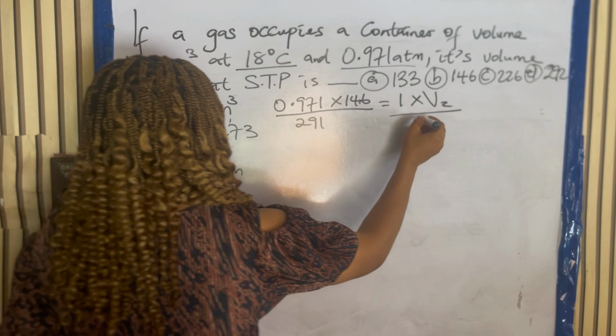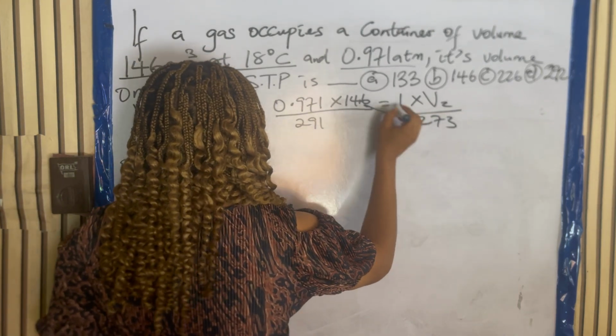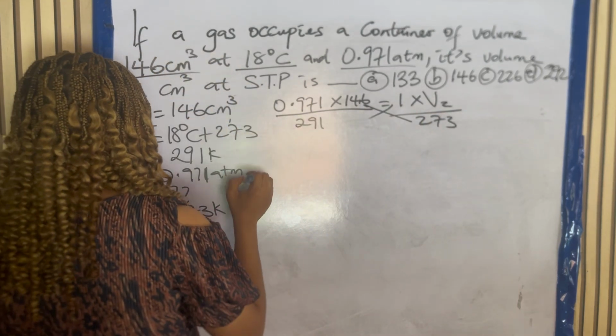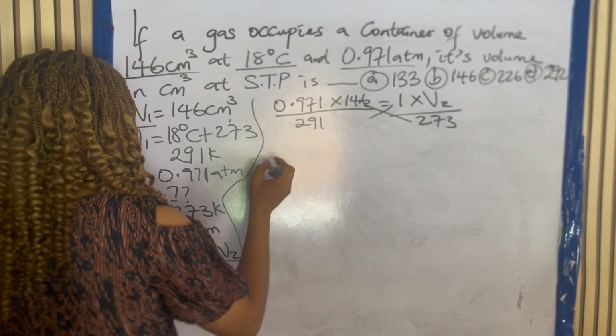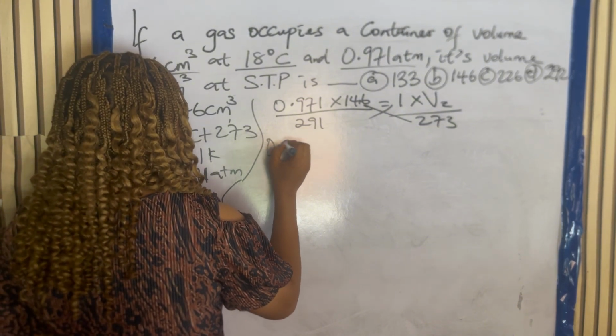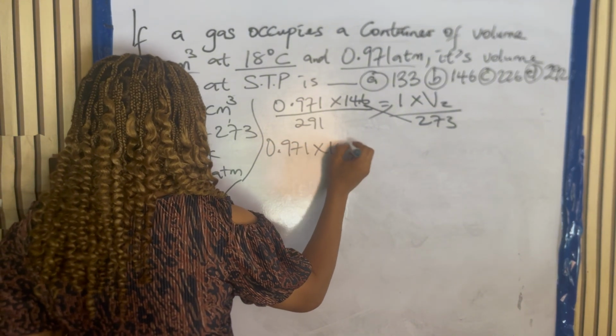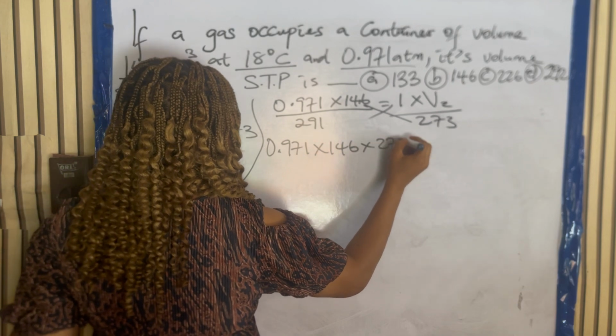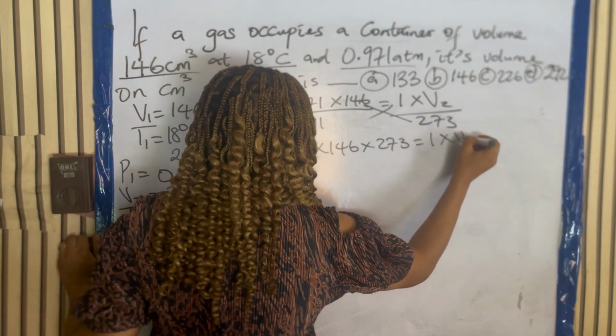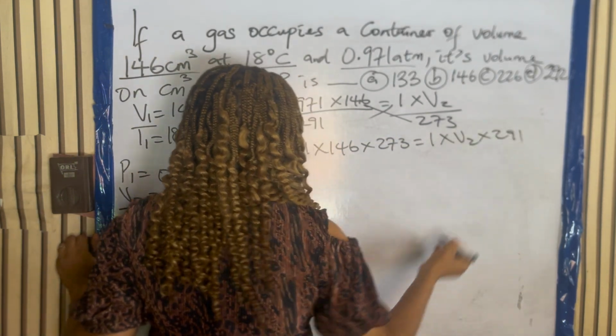T2 is 273. So we cross multiply. We have that 0.971 times 146 times 273 is equal to 1 times V2 times 291.